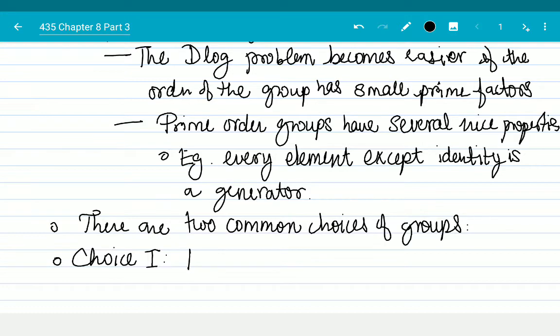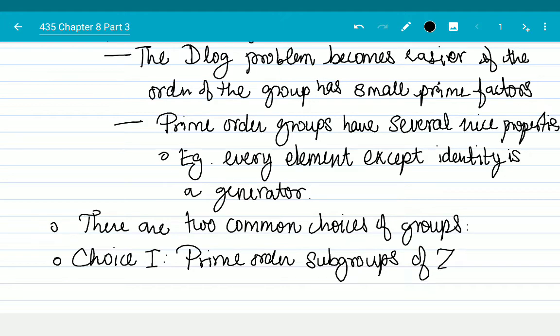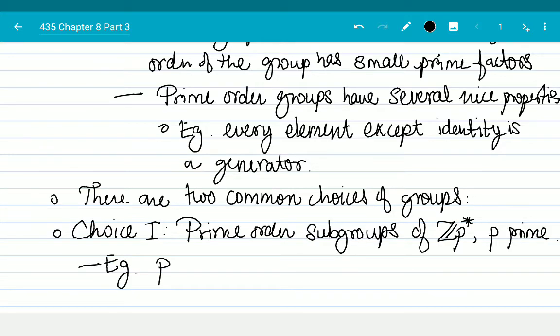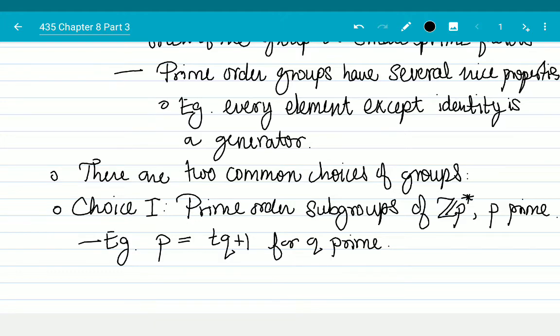Prime order subgroups of Zp star, p prime. So for example, let p be equal to t q plus 1, for q prime. Take another prime q for which p is t times q plus 1.